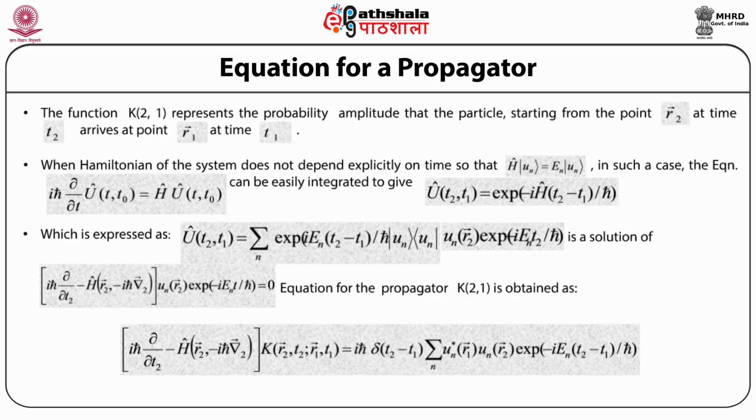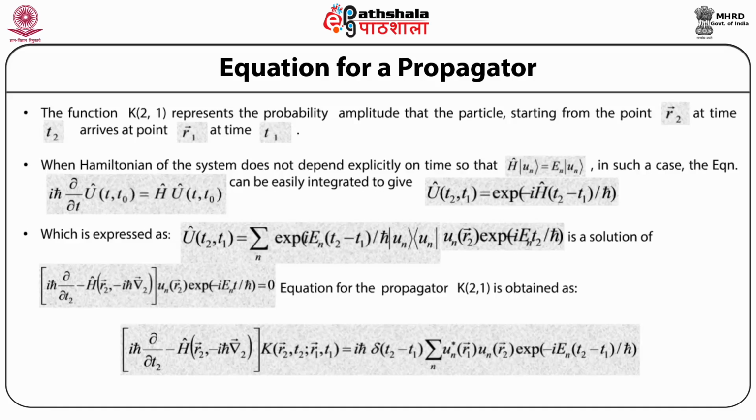Now let us calculate the evolution operator between the instants at time t equal to t and at time t equal to t plus dt. For this, we write the Schrodinger equation as d, that is the derivative of the state vector psi of t, is equal to the state vector psi of t plus dt minus the state vector psi of t, and this is equal to minus i by h cross times the Hamiltonian operator H acting on the state vector psi of t, times dt.